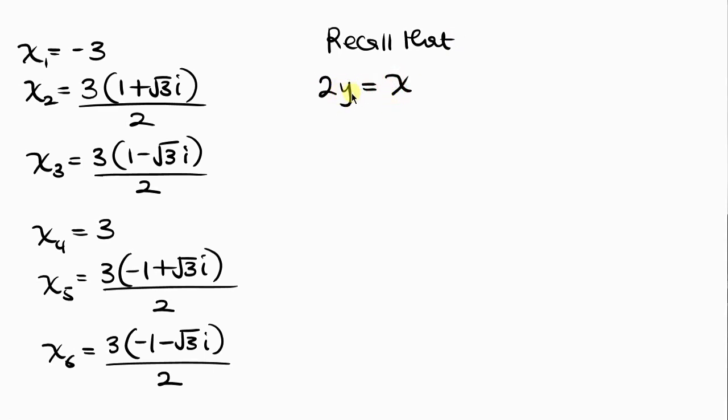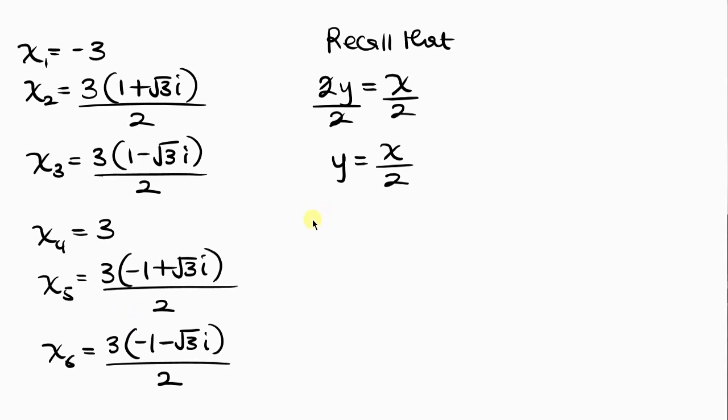But since we're looking for y, we're going to be dividing both sides by 2, so that 2 cancels 2. We have y to be equal to x over 2.